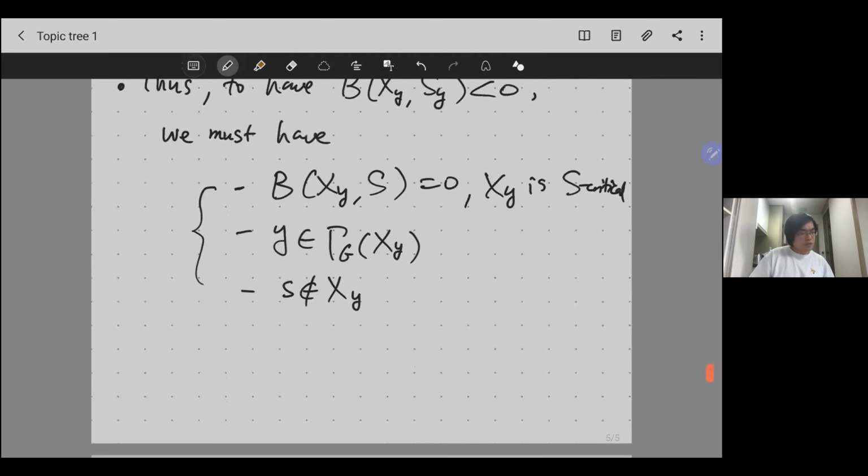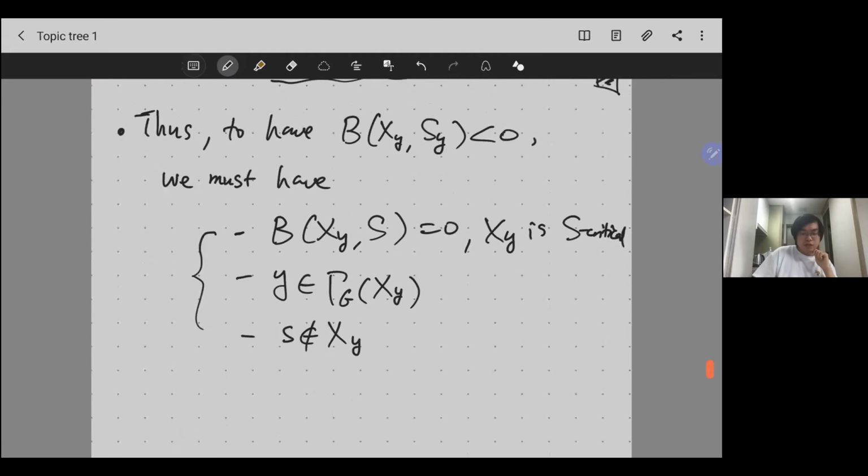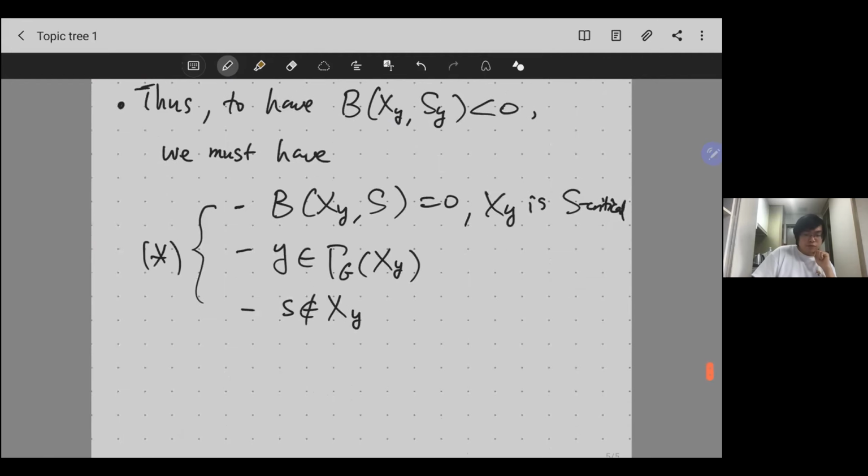So for critical sets, to make use of this information, we have to prove this claim about critical sets.